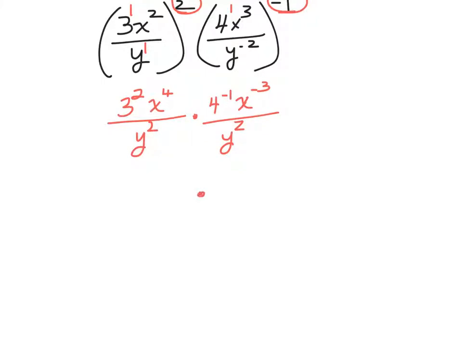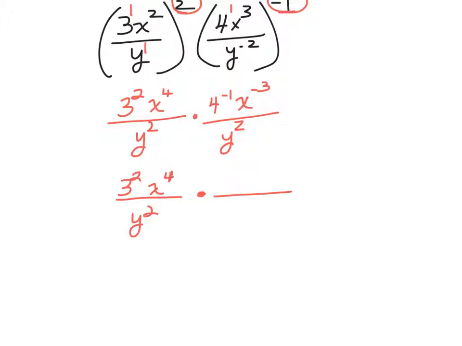What I usually do, I call this the stay-go game. 3 squared gets to stay because its exponent is positive. X to the 4th gets to stay where it's at. Y squared gets to stay where it's at.